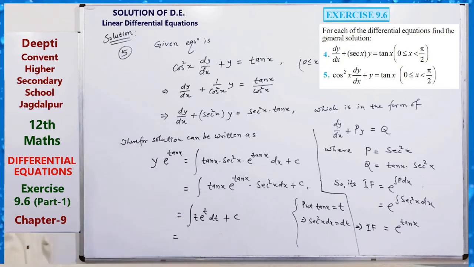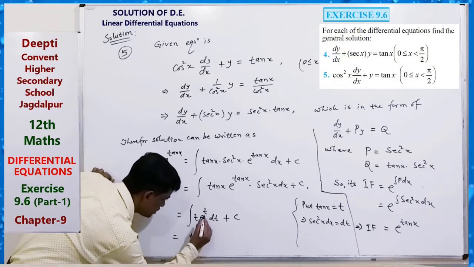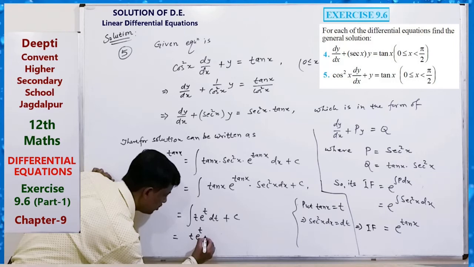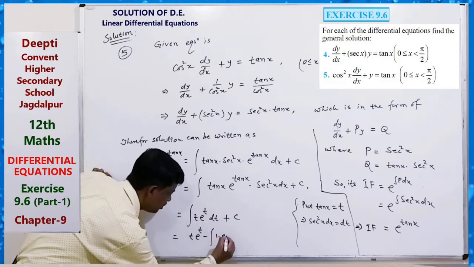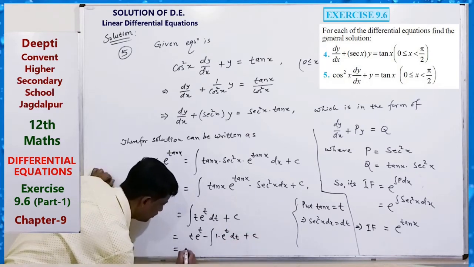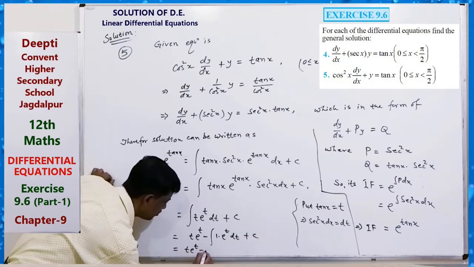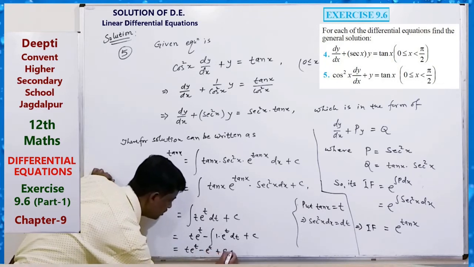Now we can solve it by parts. First function t, second function e to the power t, minus integration of derivative of first function, 1, into e to the power t dt plus c. So this is t e to the power t minus e to the power t plus c.